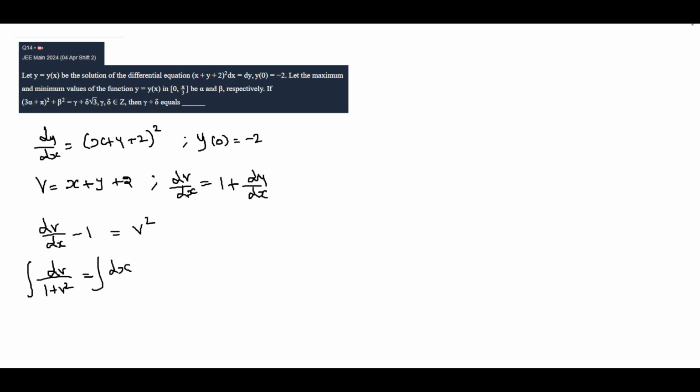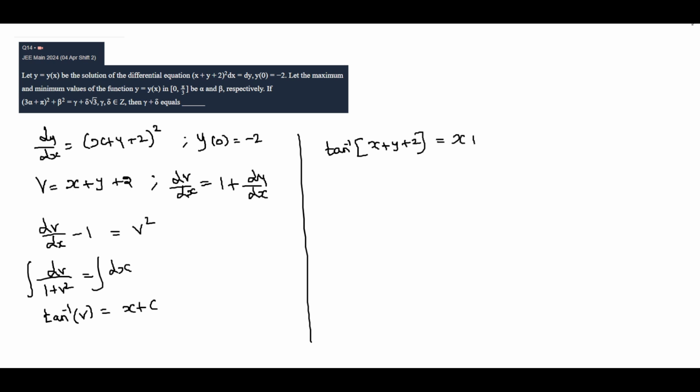Now integrating, tan inverse of v is equal to x plus c. Just replace the v value, tan inverse of x plus y plus 2 equal to x plus c. Now using the condition x equal to 0 and y equal to minus 2, we get tan inverse of 0, which implies c equal to 0.